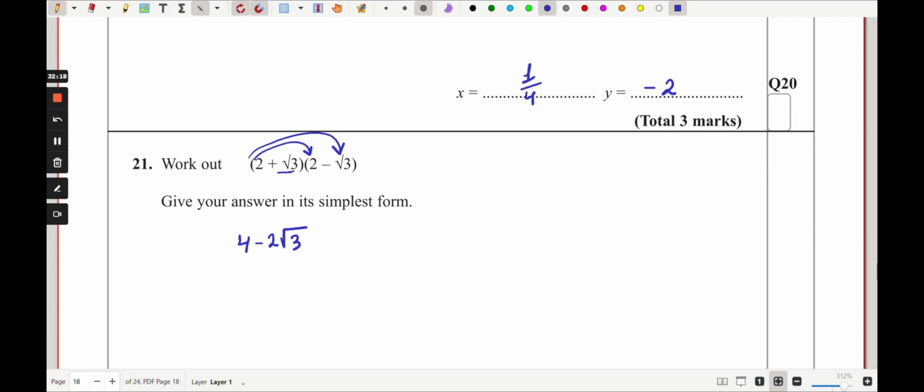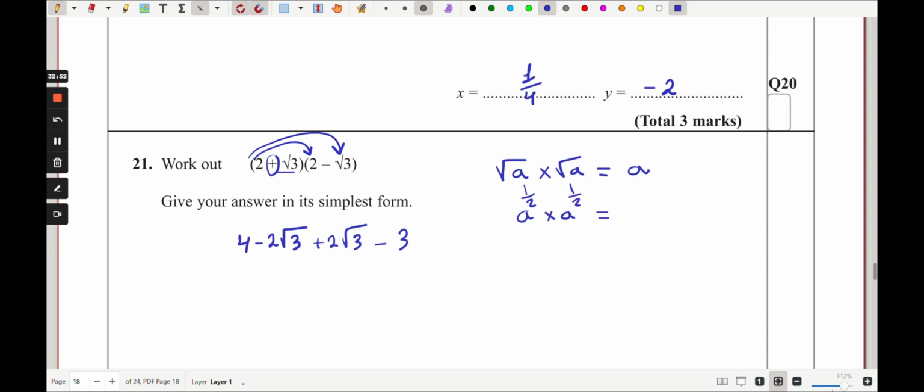We'll do the same for the square root 3, and square root 3 is positive, so we don't have to be scared about the sign. So square root 3 times 2 is plus 2 square root 3. Now plus times minus is a minus. Square root 3 times square root 3 is 3, because we have a rule: square root a times square root a equals a, because it's a to the power of half times a to the power of half.